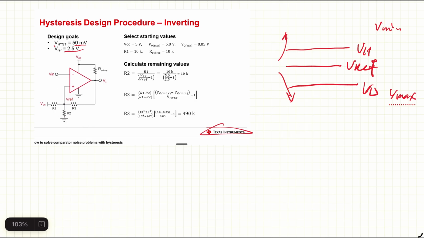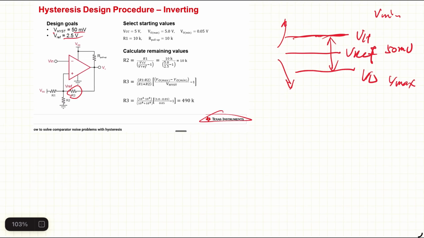Now, let's see, how do we decide R3? Because R3 is actually what introduces these two threshold values. And by the way, the difference between VH and VL is the hysteresis, which is 50 millivolts in this case.